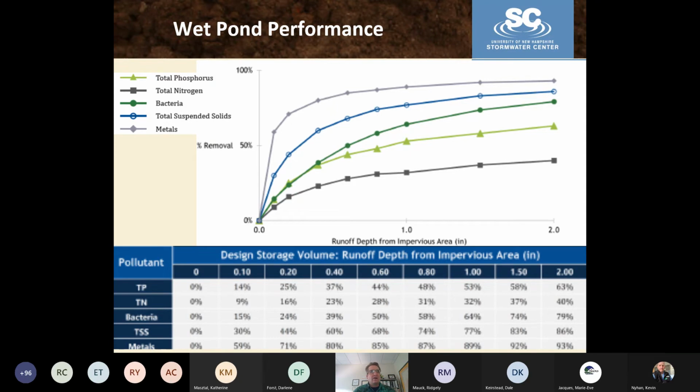When the Mass permit came out, there was sediment, there was really just phosphorus. Now, as the New Hampshire permit came out, we have sediment, phosphorus, and nitrogen. We've recently developed curves for bacteria and metals.